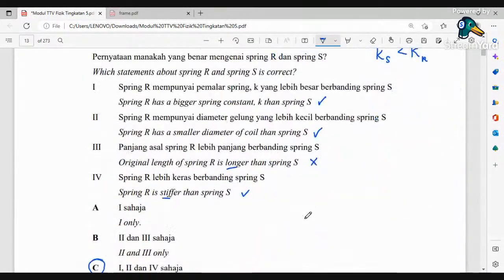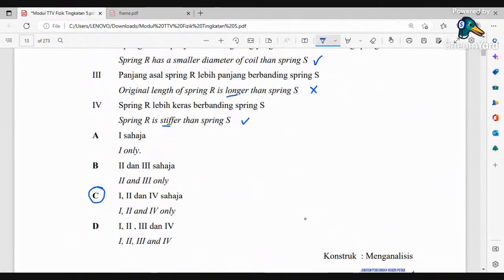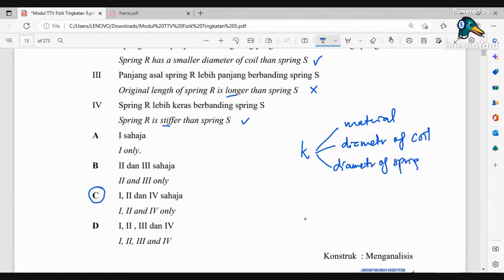So the factors that affect the spring constant, you need to understand. K depends on material, diameter of coil of spring, diameter of spring wire, and length of spring.